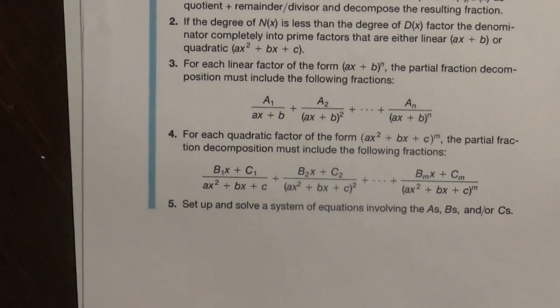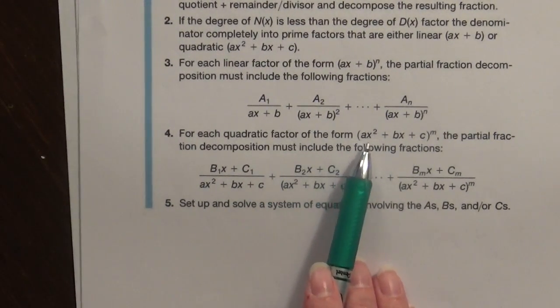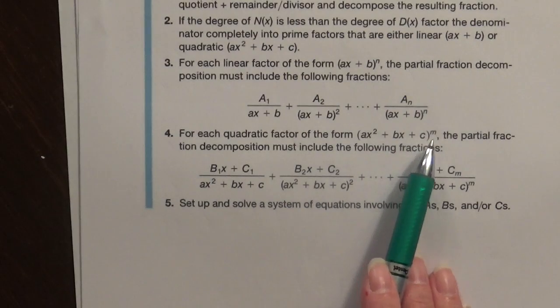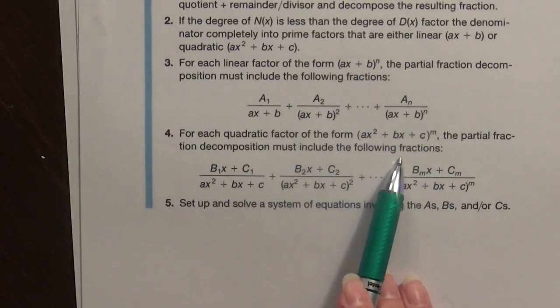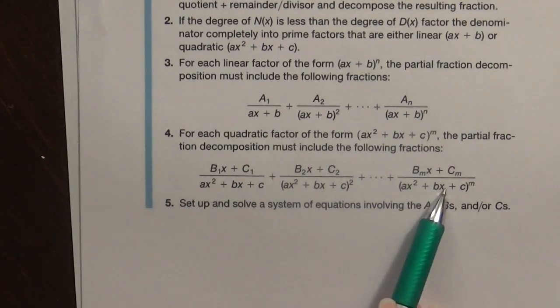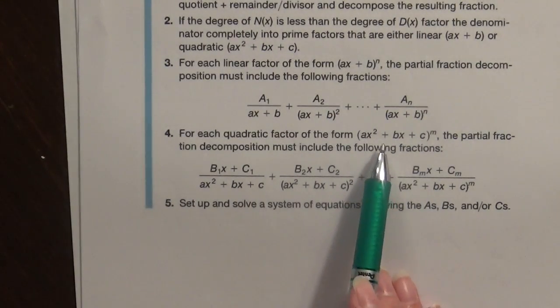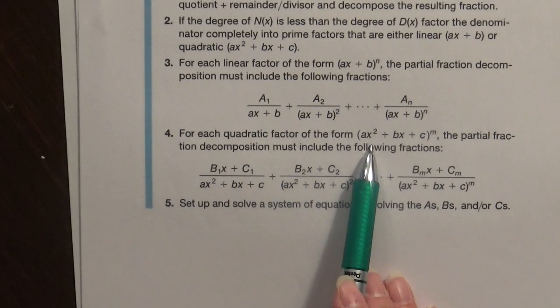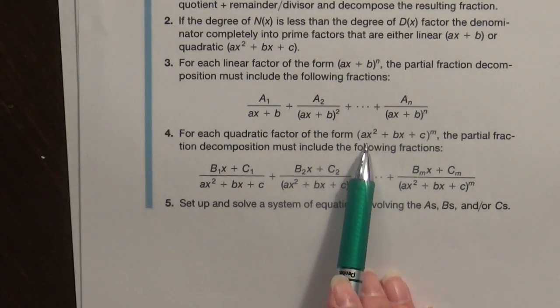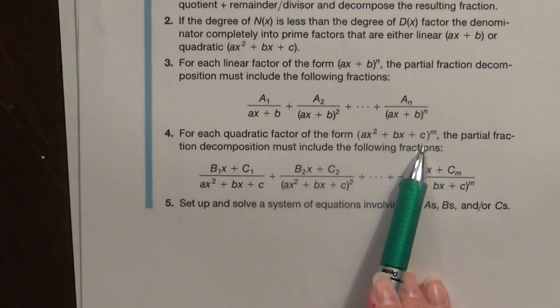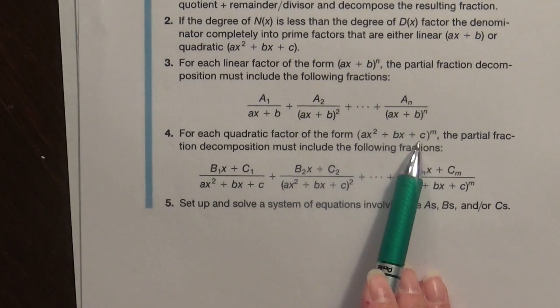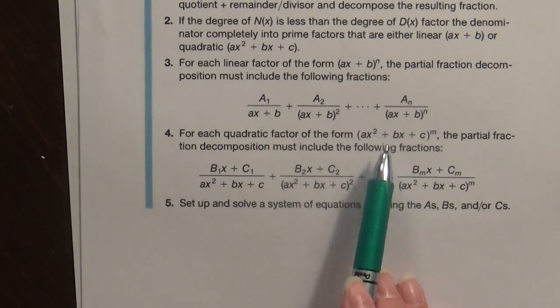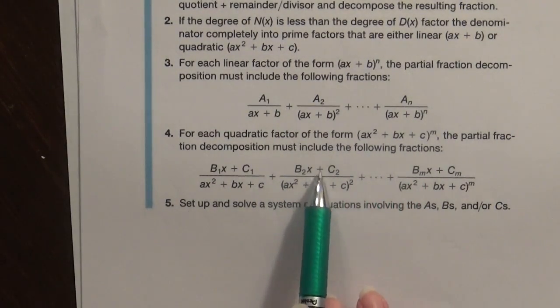Part 4, for each quadratic factor of the form ax squared plus bx plus c to the n power, the partial fraction decomposition must include the following fractions. All right, I'm not going to read through all this stuff. All this is saying is that if you've got a factor in your denominator that will not factor beyond a quadratic and it's being raised to a power, first of all, if you've got a quadratic factor, meaning you've got an x squared, you're going to have to do a linear factor in the numerator.